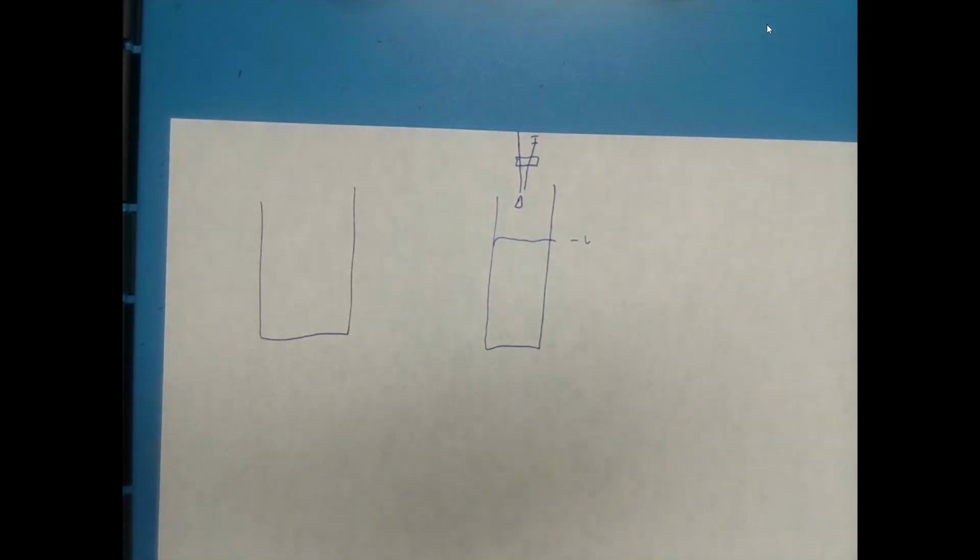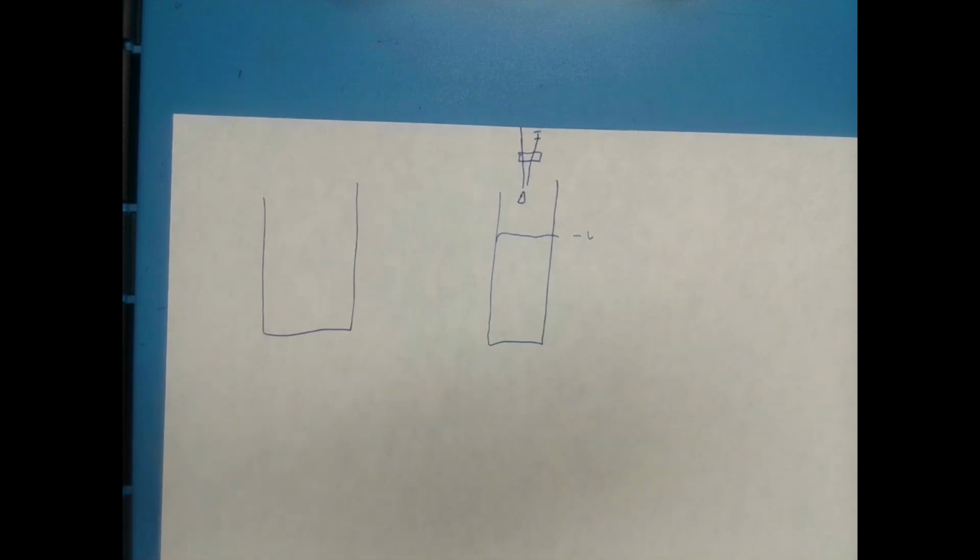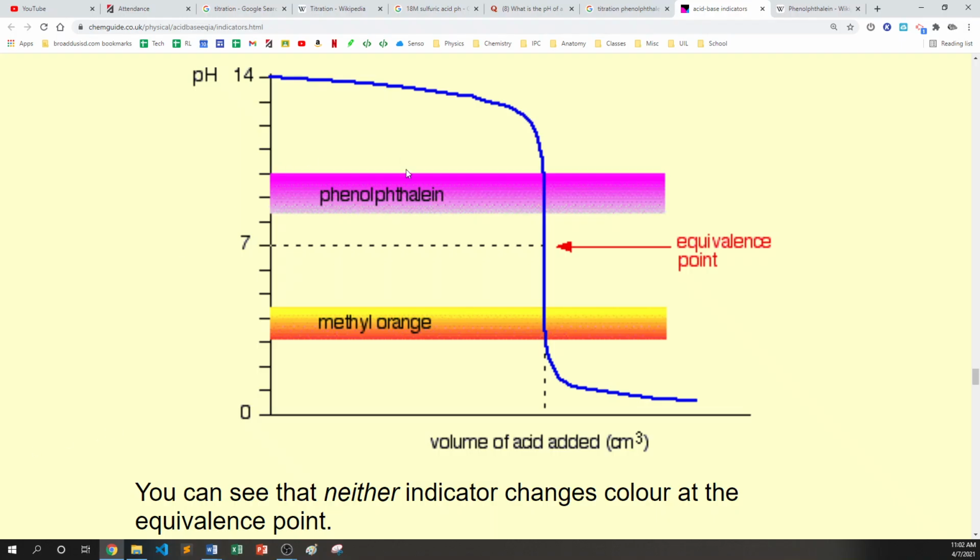We're trying to get to this point right here. We know that we're trying to measure this when it becomes 7. And we know that whenever it turns light pink and the moment it disappears, we've added enough acid to the base to neutralize it. Because when we have 7, we have no more acid and no more base.